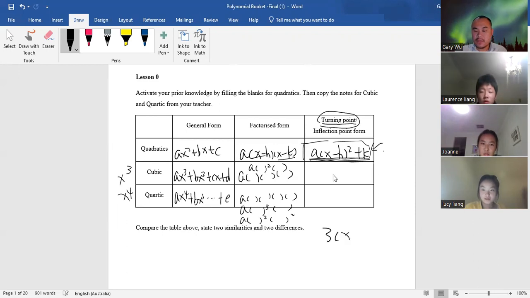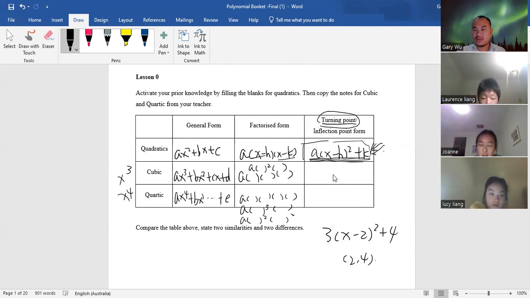Let's say 3(x minus 2) squared plus 4. What is the turning point? 2, 4. Yeah, 2, 4. Therefore, for this one, what is the turning point for the entire thing? It's h and k. That's the turning point. Does it make sense?